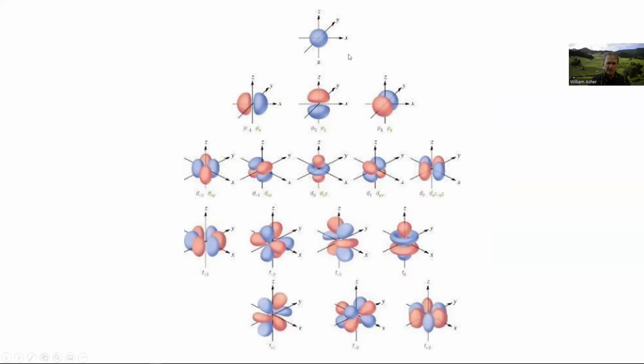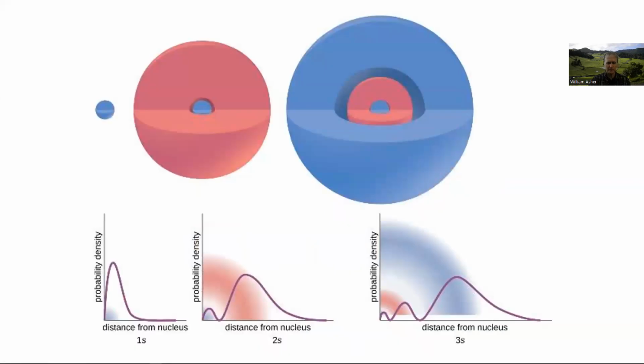Let's look in more detail at these spherically symmetric s orbitals, because what we learn here carries over to all of them. Looking at the shell number, the principal quantum number 1, 2, 3, these orbitals give you a probability of finding the electron at any radial distance out from the center of the atom, and at some angle going around the atom.